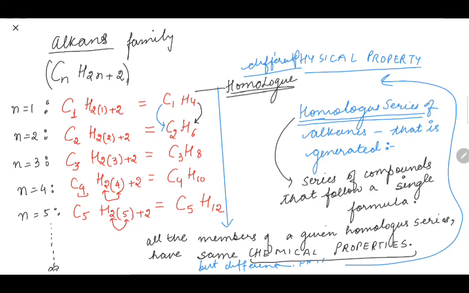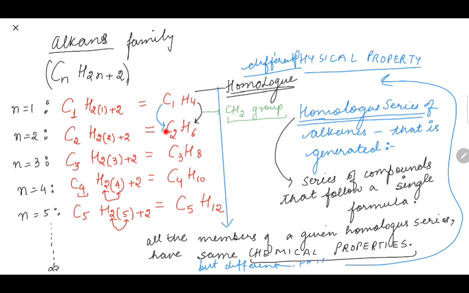So can I say that there is a gap of a CH2 group between the first homologue and the second homologue? I hope you're understanding. Between the first homologue CH4 and the next homologue C2H6, there is a gap of a CH2 group. Right? Then again have a look.